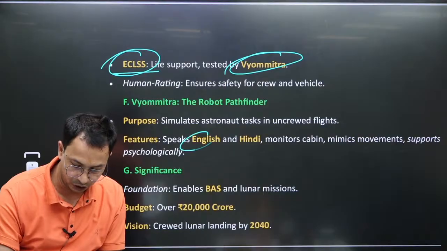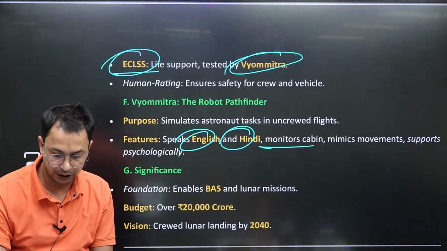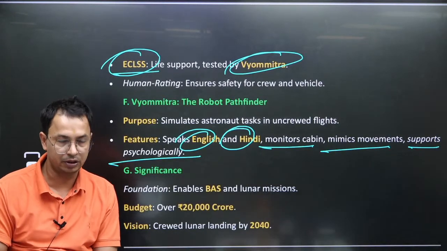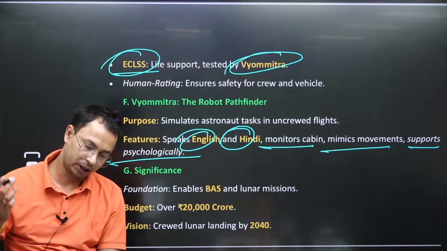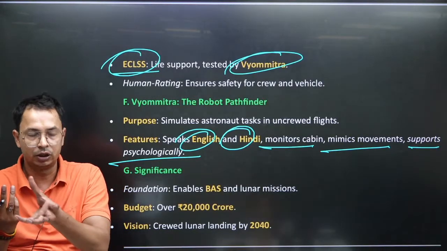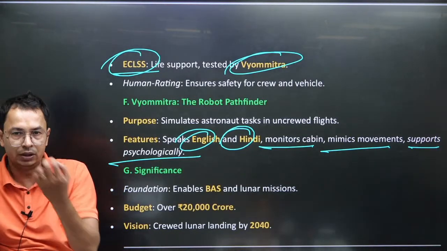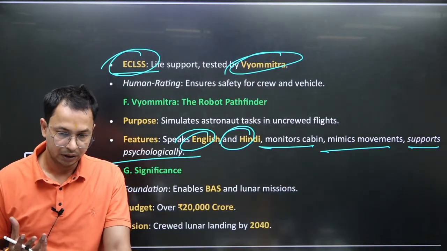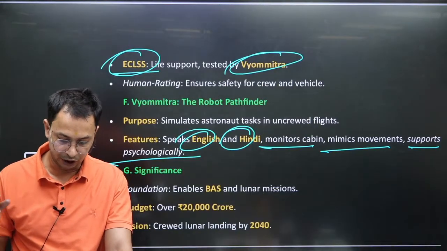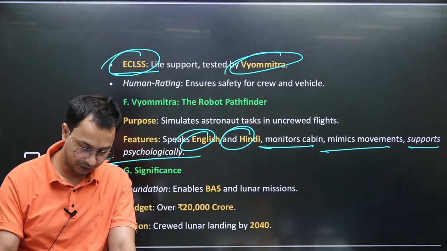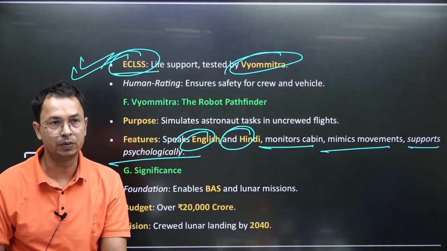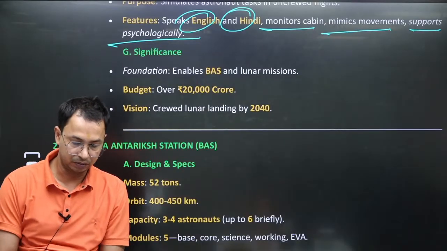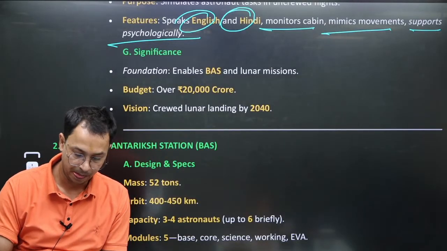It can speak English and Hindi, it can monitor cabins, it can mimic movement, it can support the astronaut psychologically, and it will also have sensors in its body. After the first 2 uncrewed flights return, we will study the Vyomnaut, to see how space behaved with him. Only then will we develop our environmental control life support system, so that our Vyomnauts can safely return to the earth.